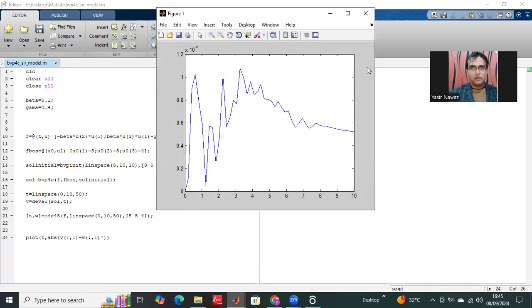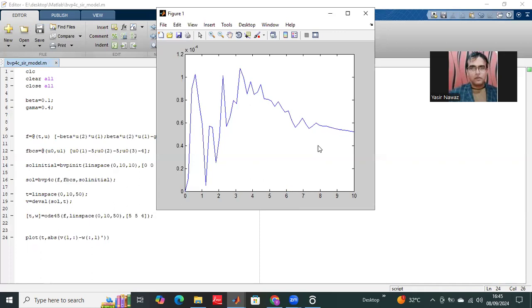So this is the solution. The error, you can say, is the absolute difference between the bvp4c solution and ODE45. It says that it's multiplied by 10 to the power of -4. So it's a small difference between the two solutions.